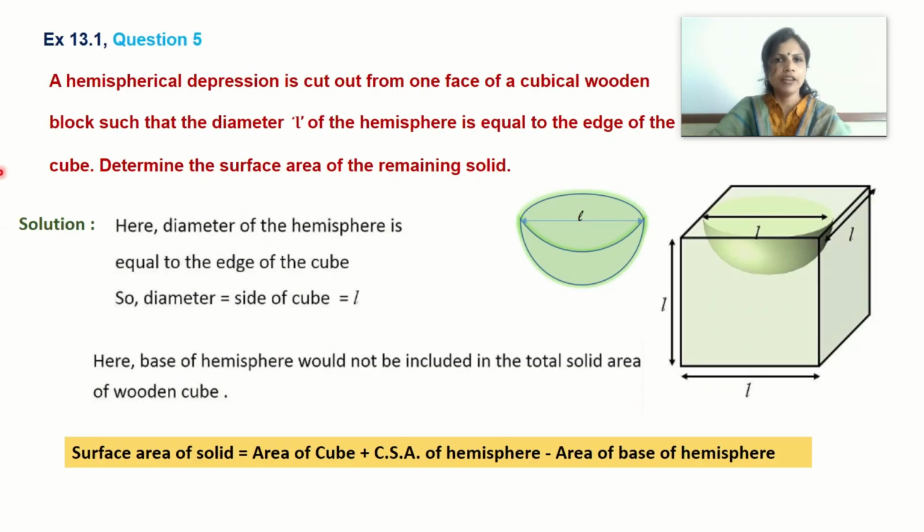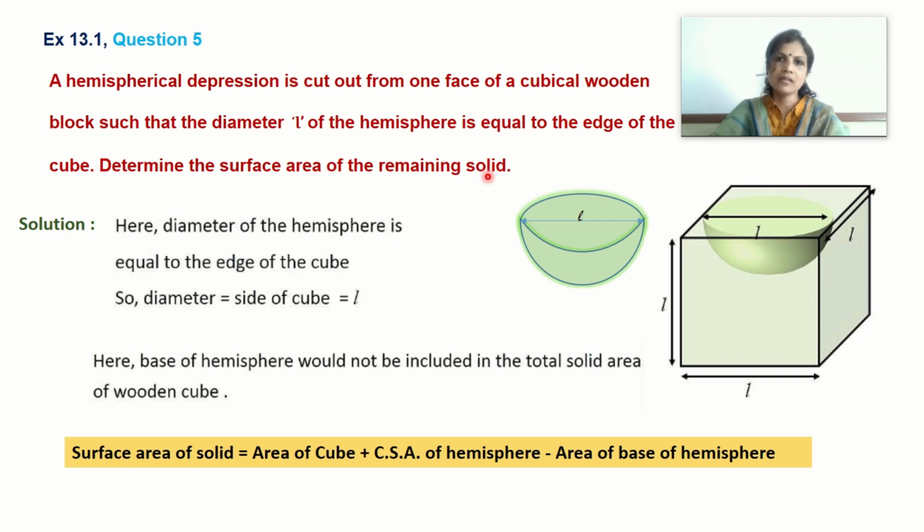Now question number 5. A hemispherical depression is cut out from one face of a cubical wooden block such that the diameter L of the hemisphere is equal to the edge of the cube. Determine the surface area of the remaining solid.